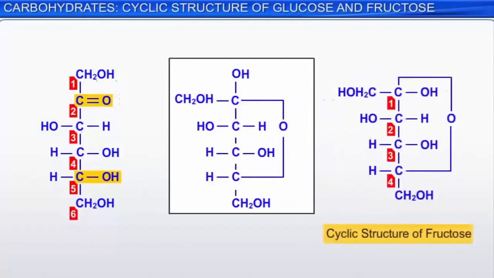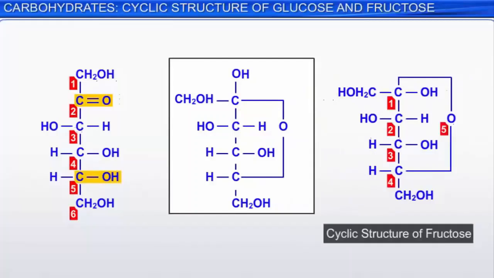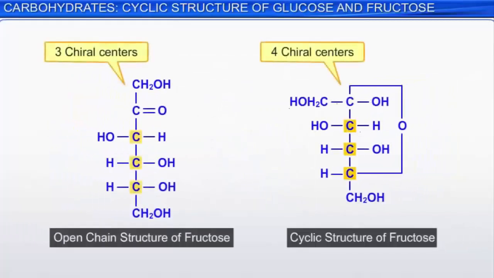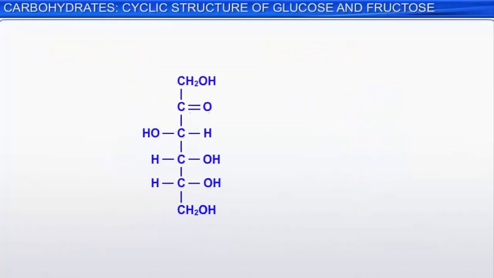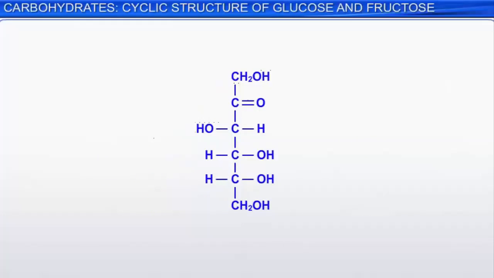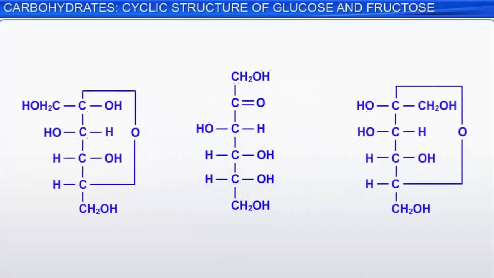The cyclic structure thus obtained is a 5-membered ring. This structure has one chiral center more than the open chain structure. Therefore, there are 2 possible isomeric forms as shown here.